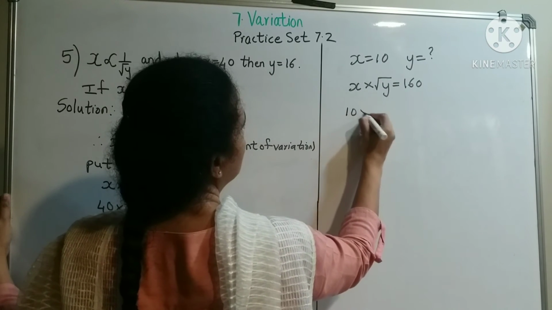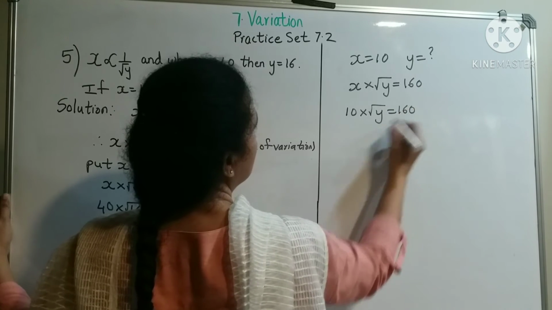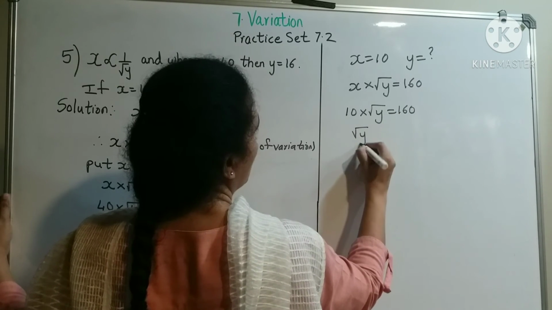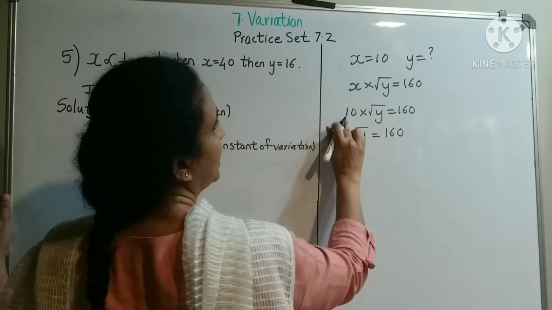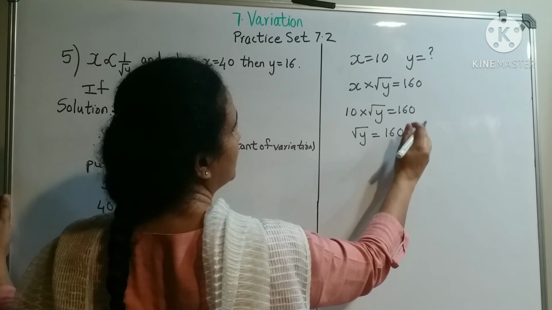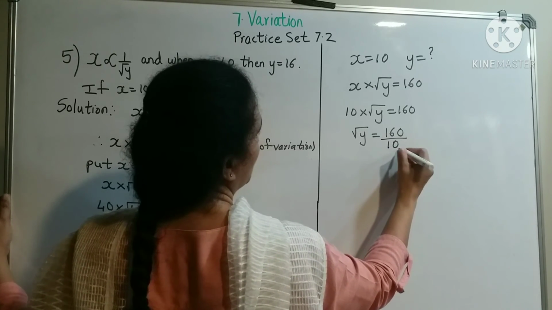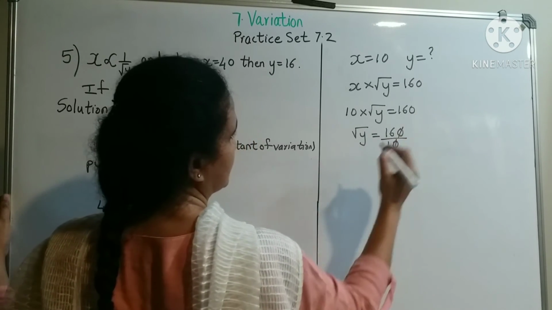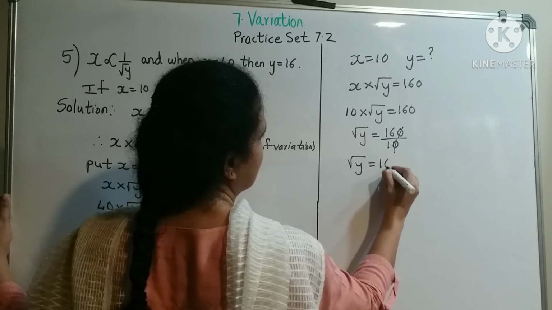So 10 into square root of y is equal to 160. This number, when we write on the right hand side, it will divide this number 160. So 160 upon 10, 0 will get cancelled. Square root of y is equal to 16.